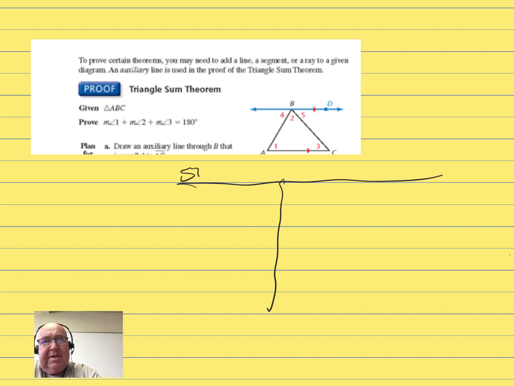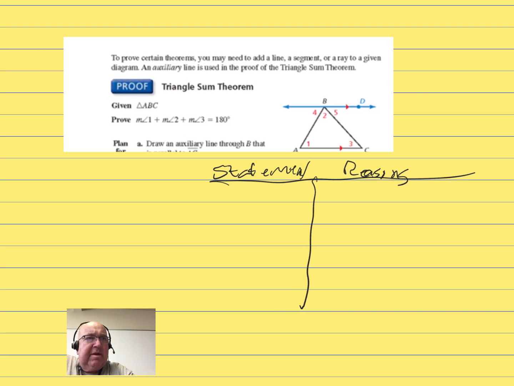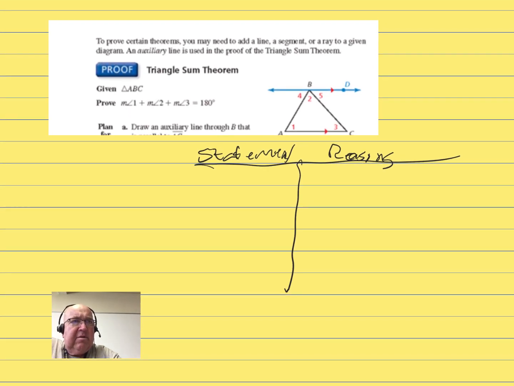Remember, statements on the left, reasons on the right. Now, we're going to start this without anything being given, but our first statement would be to draw that line, but it's already done for us. So the first thing we can look at is this area right here, and we know that those three angles are going to equal 180 degrees.